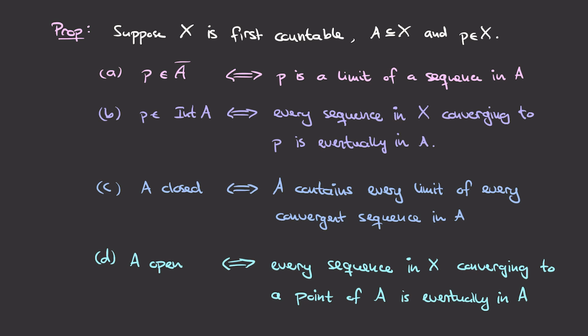And then there's global versions which say that A is closed or open if you look at all of the sequences converging to any point in A and so on.